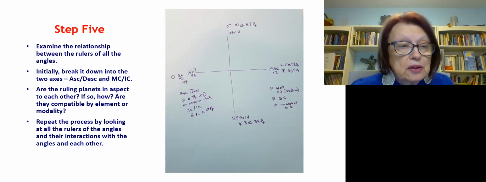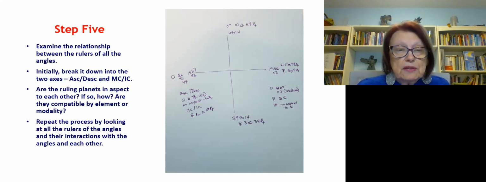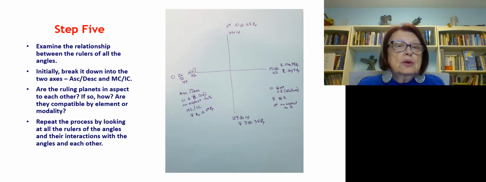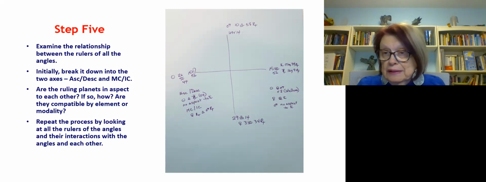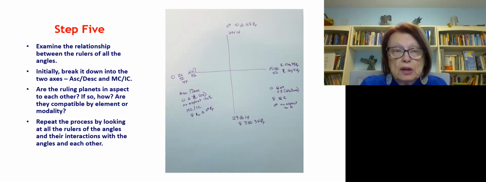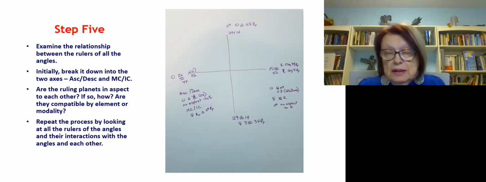Repeat the process by looking at all the rulers of the angles and their interactions with the angles and each other. So once you initially break it down into the 2 axes, then you move forward and have a look at, is the ruler of the midheaven talking to the ascendant, etc.